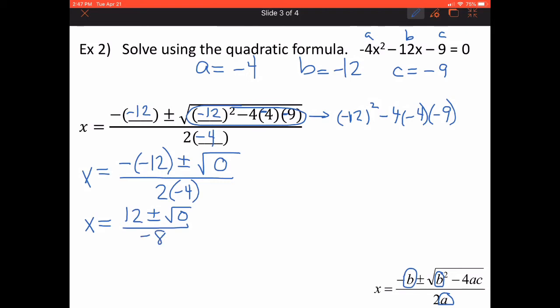All right, step 3, I like to separate it. I'm showing that I'm adding first, and then I'm subtracting second.